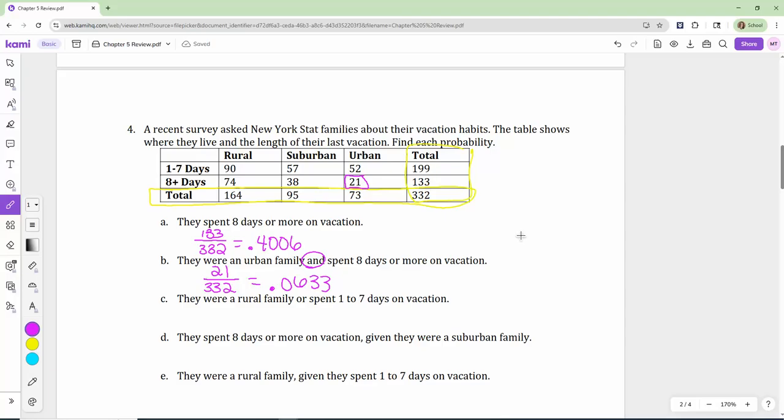C. They were a rural family or spent 1 to 7 days. Or tells me we are doing what? Adding. So if I am going to add, how many rural people do we have? Plus, if I just said the number of rural plus the ones that went 1 to 7 days, what do I have to consider?